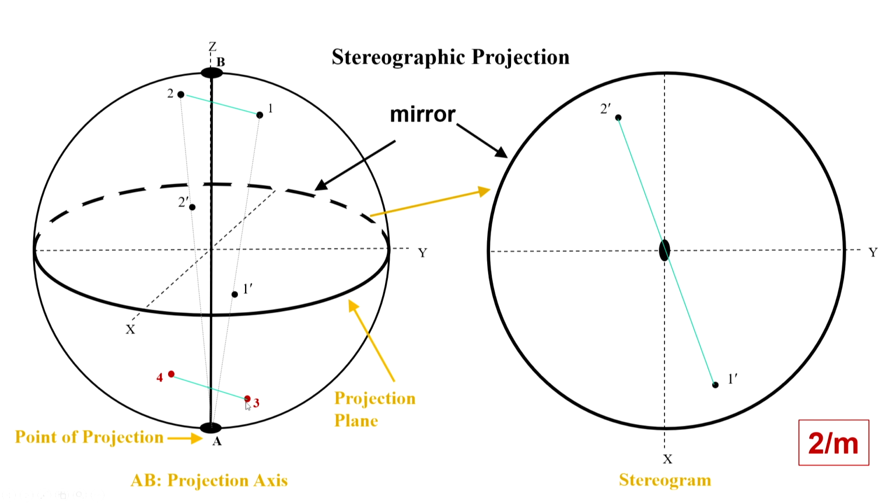Now I need to project these poles 3 and 4 as well onto the projection plane. Suppose I use the point of projection A. If I draw a line joining A to 3, this line will go outside this equatorial circle.